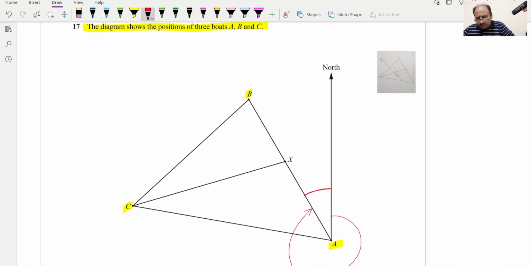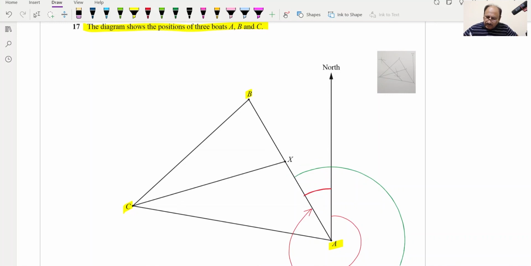I will draw the semicircle line so that you can understand where I'm keeping the protector, and this side is the 0 line. So from here I'm counting this side up to this one is 30. So my angle is 30.